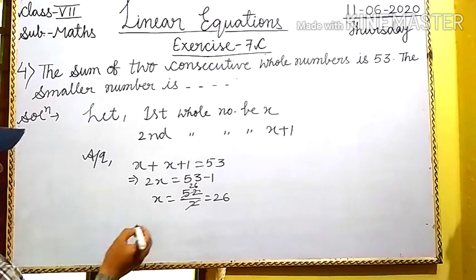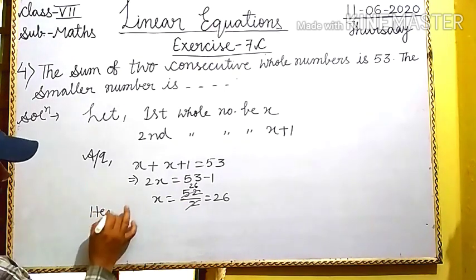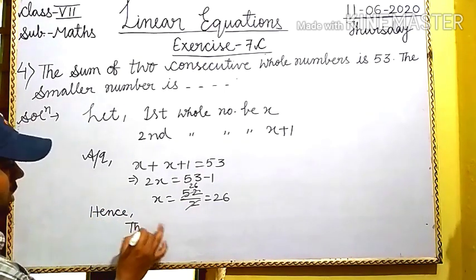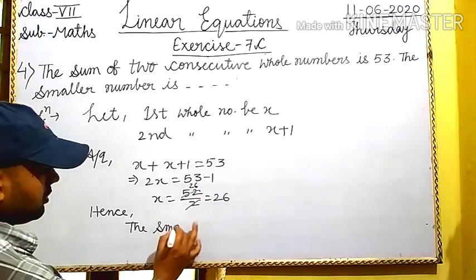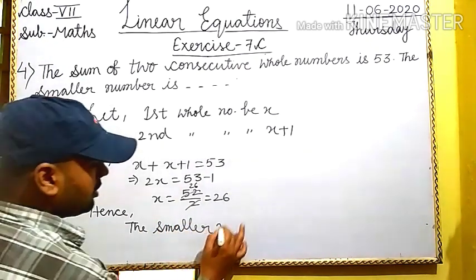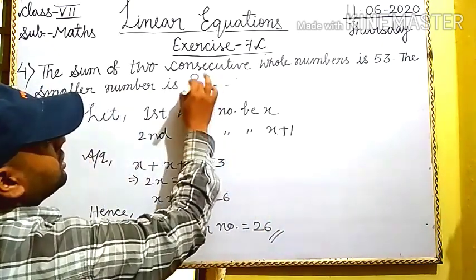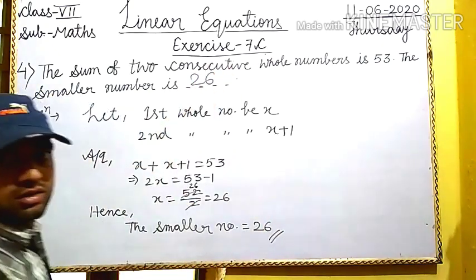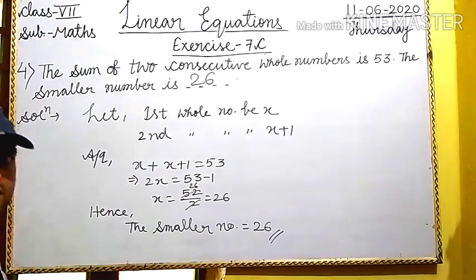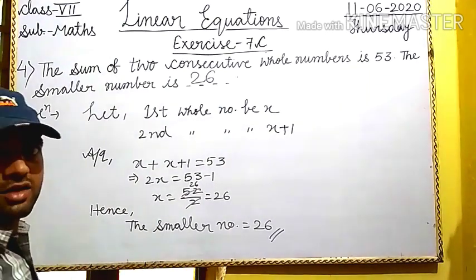So hence the smaller whole number is equal to 26. Here put the 26. Is it clear? Now let us discuss question number 5, the last question.